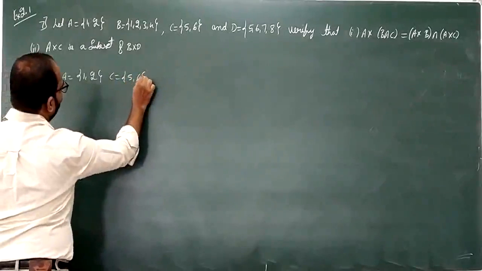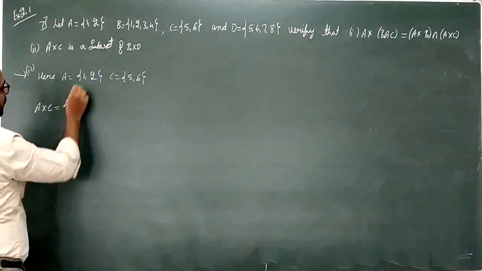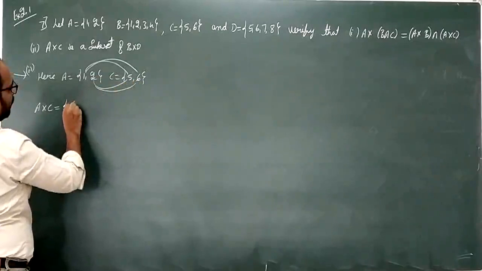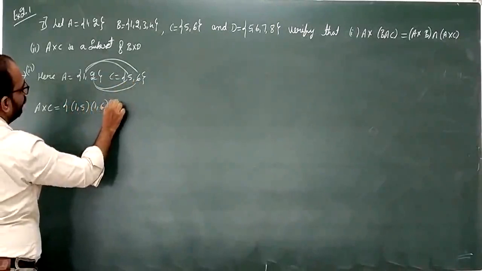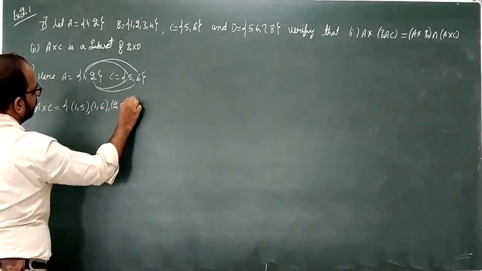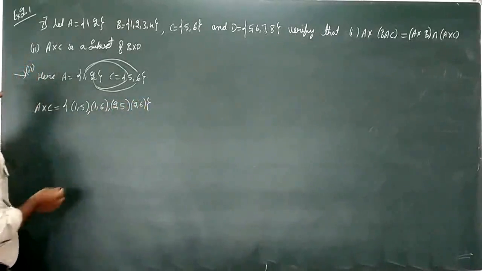Then the Cartesian product of A and C is equal to 1 5, 1 6, 2 5, 2 6. This is the Cartesian product of A and C.